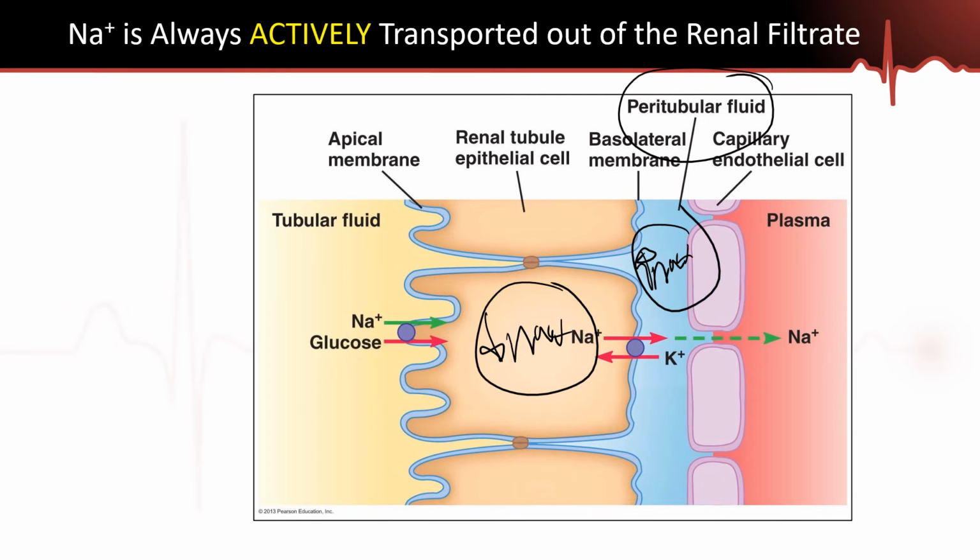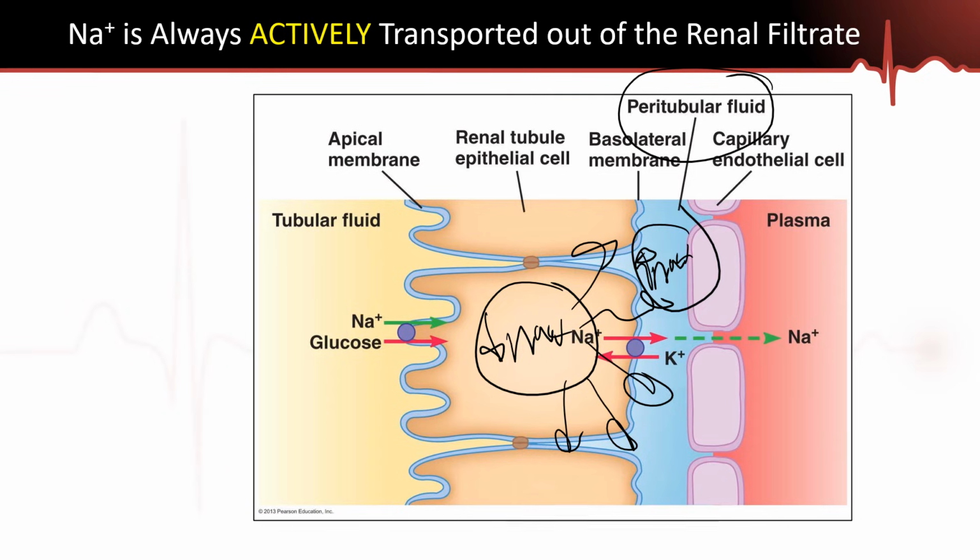What we want to do is get sodium from the epithelial cell past the basolateral membrane and into the interstitial or peritubular fluid. So in order to do that, we now need to move sodium from a low to a high concentration. The sodium concentration is low within the epithelial cell, and it's comparatively higher in the interstitial fluid.